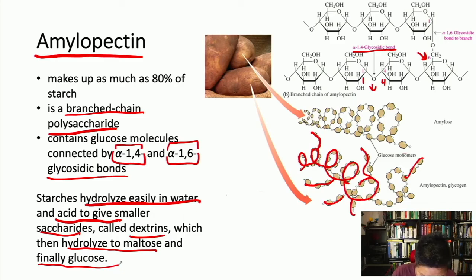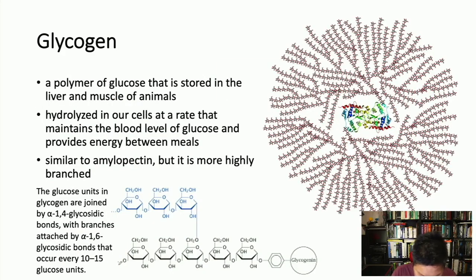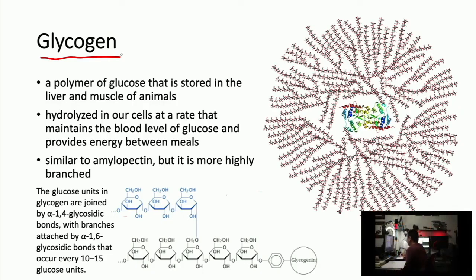In animal cells, though, glucose storage is actually found in the form of glycogen. This polysaccharide is very much like the other polysaccharides, amylopectin and amylose, right?